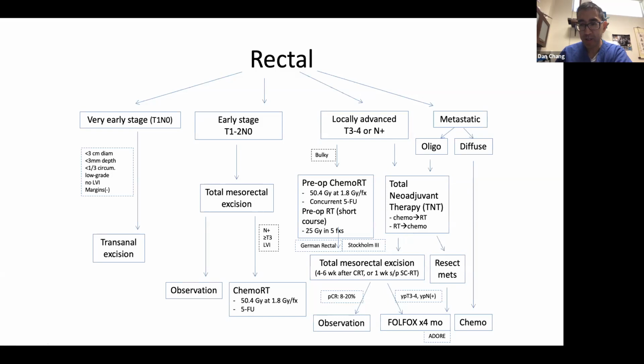And then for metastatic disease, because in colon cancer we have such effective systemic treatments, there's this whole world of what we call oligometastatic patients with colon cancer, which means oligo, few metastatic sites. So a patient with like 1, 2, or 3 metastases in the lung or the liver is a lot different than somebody who has 50 metastases.